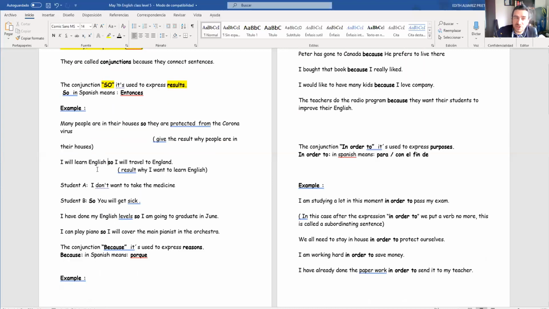Another example. I will learn English, so I will travel to England. Entonces, I will learn English, aprender inglés, que sería mi primera oración. Resultado, I will travel to England, viajaré a Inglaterra. So, the result of why I want to learn English, porque quiero aprender inglés. Como en español sería aprender inglés, entonces viajaría a Inglaterra.